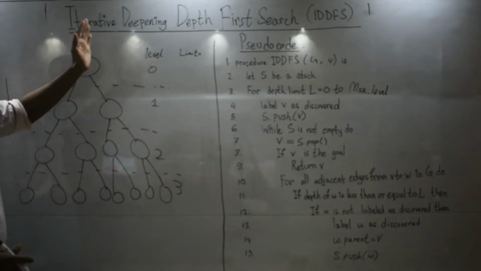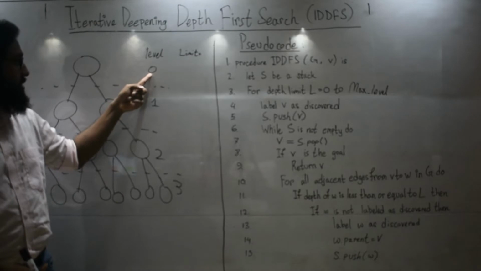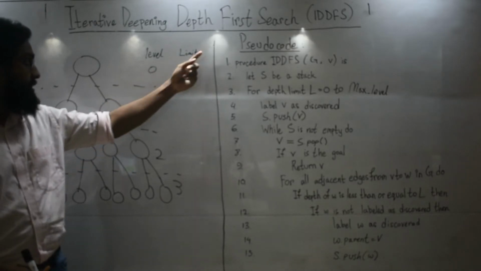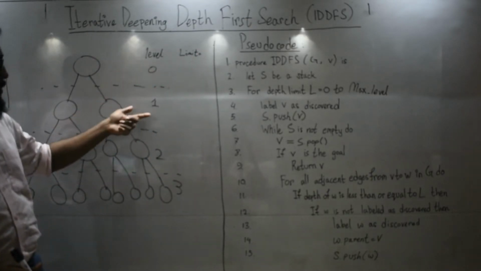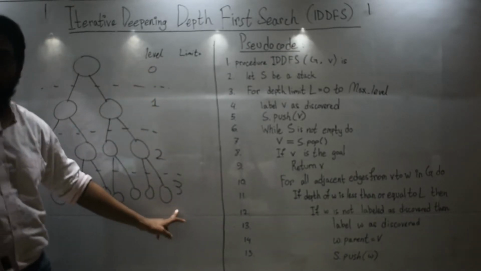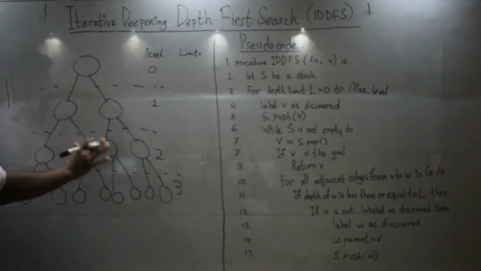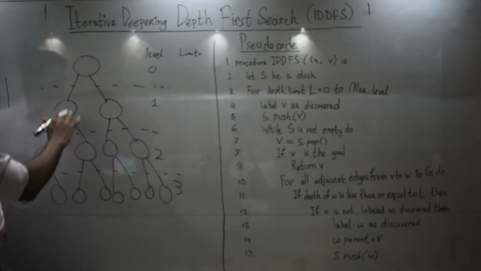In case of iterative deepening depth first search, we will start with the 0 limit, then we will continuously increase our limit to the maximum limit of our graph or tree. Okay, so let's try to see what happens.